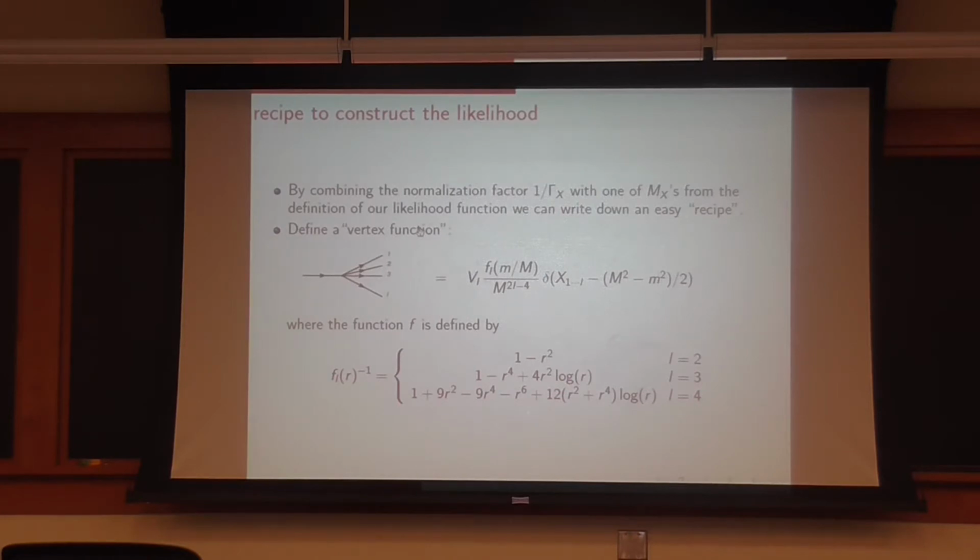You can just write down a recipe for this, and each time you see a vertex like this, you just plug in this over here. These functions are just in this form. If you want to do just 2-body and 3-body, you just have these 2 types of functions, and you insert the vertex energy conservation at each vertex.